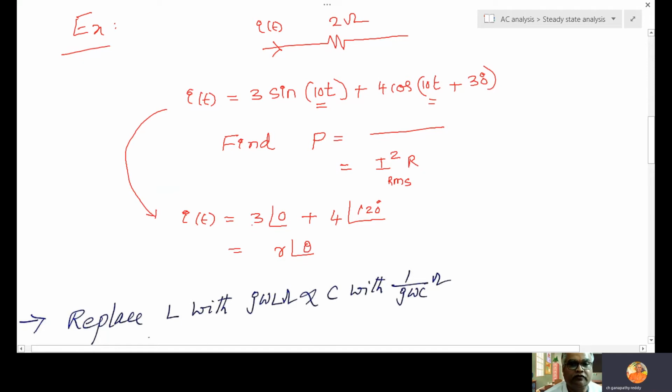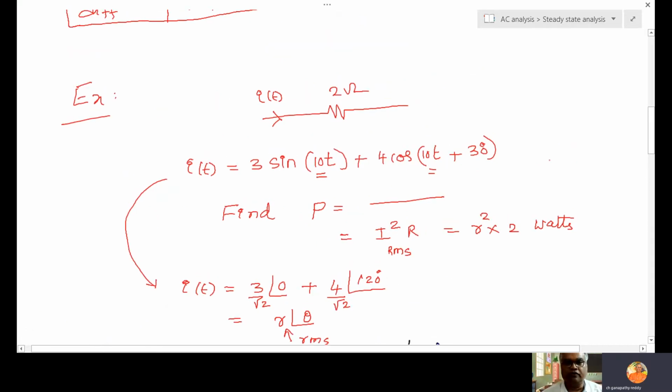Since this is a phasor, it is 3 by root 2 and 4 by root 2 RMS. So in r angle theta, this r is also RMS. Now what is the answer here? You get r squared into the resistance of 2, so many watts will come.